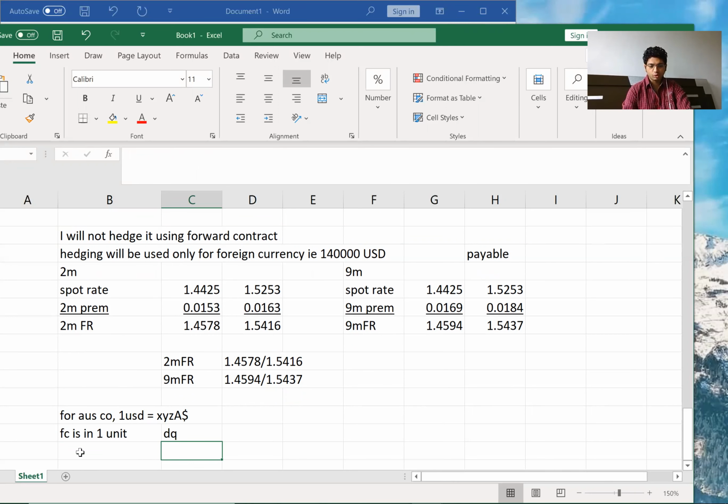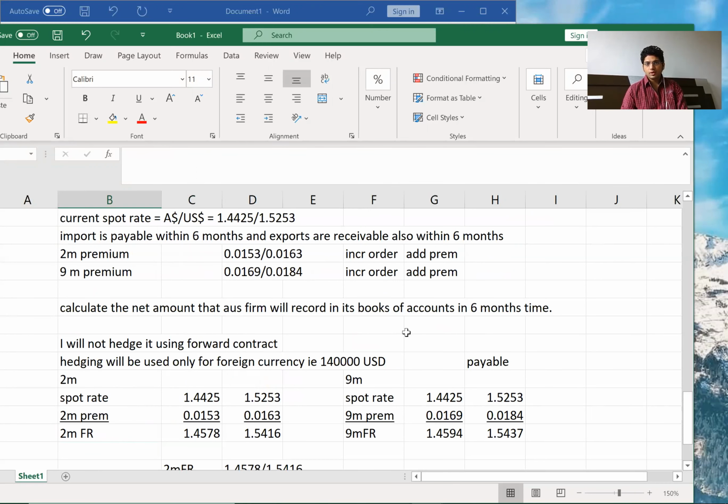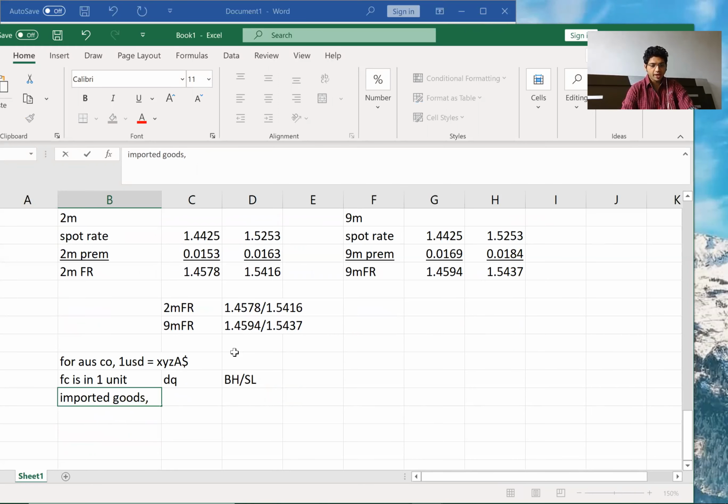What is the rule of direct quote? Buy at higher and sell at lower. Are we buying or are we selling? We have imported goods worth $1,40,000, so we'll have to pay in US dollars. So we'll have to buy dollars, and we buy at the higher rate.